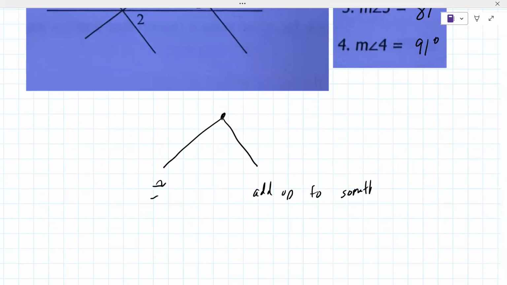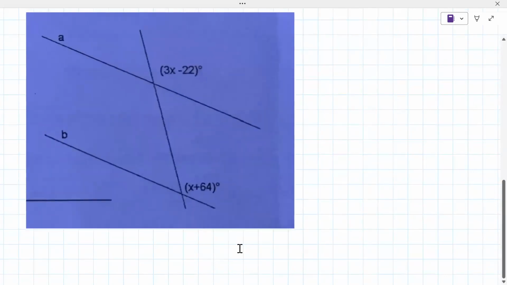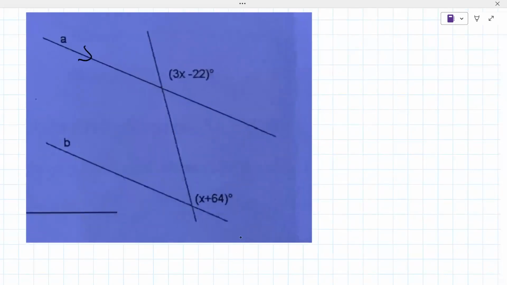All right, let's look at another problem here. I'm going to snip that in. Assume that these lines are parallel. What kind of angles are these?